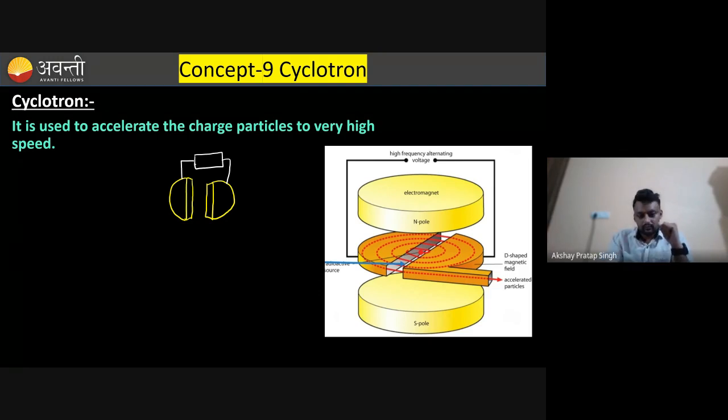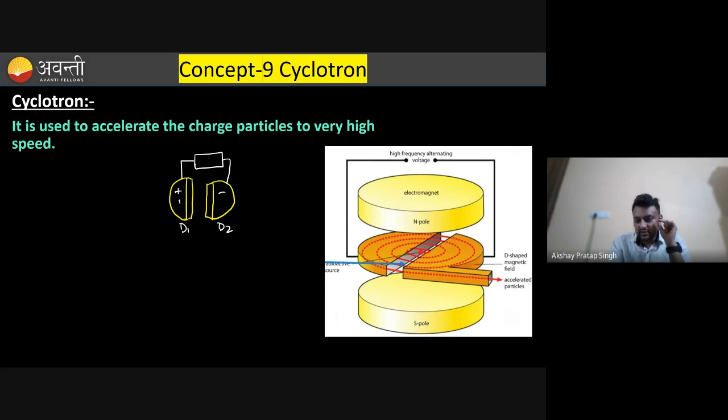Now, what does this high frequency oscillator do? This high frequency oscillator gives these Ds some charges, like positive and negative charges, and it just changes the polarity of these charges from positive to negative.